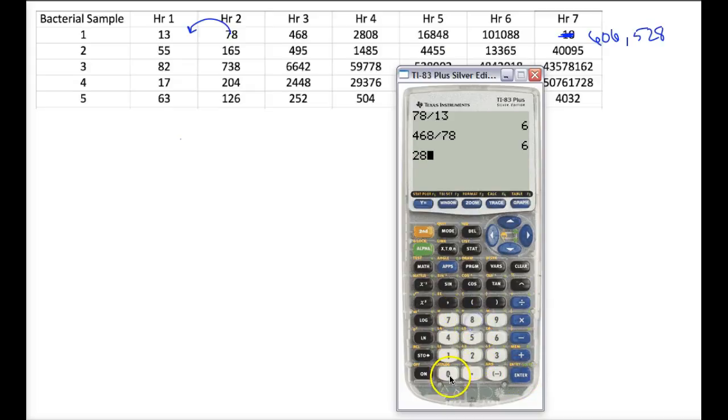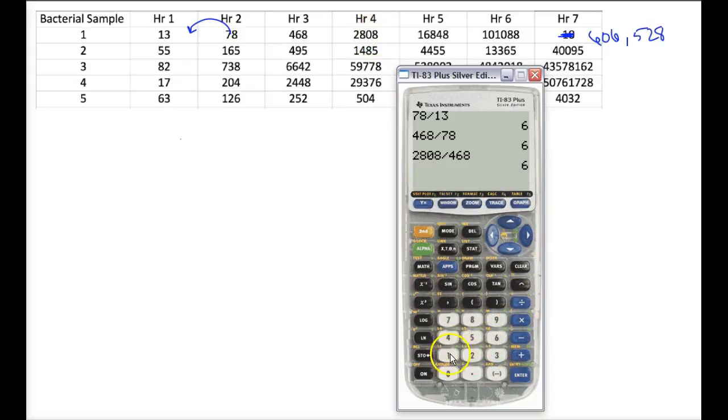If we do 2,808 and divide that by 468, you'll see that you get 6. So we see that the way that this particular bacterial culture is growing here, if we verified all the others, you'll see that the common ratio is 6 among all the times that we are tracking the growth here.